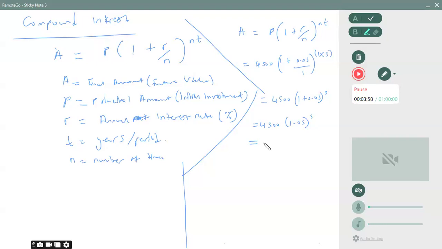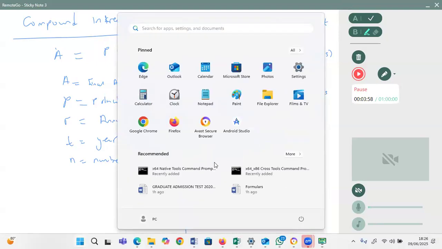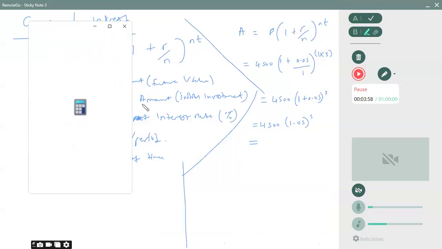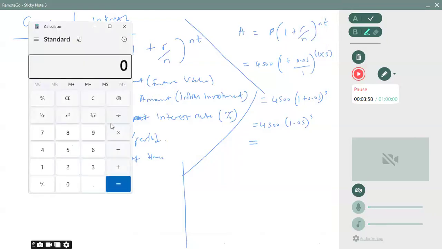How do you do it? There is an arrow that faces upwards. You should be able to know how to use the scientific calculators.